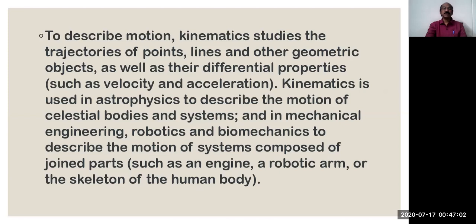The rate of displacement is called velocity, whereas distance per second is called speed, and displacement per second is called velocity. Speed is a scalar and velocity is a vector quantity. Both have the same units and dimensions, that is, meter per second in the SI system, and the dimensional formula is LT to the power minus 1.